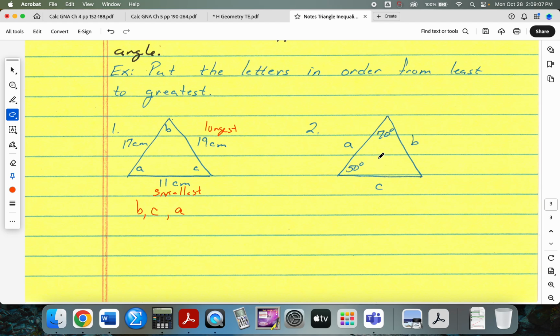For this problem, we don't know which angle is the biggest angle yet because we don't know how big this last angle is. But we can find it out. These two angles added together, 50 plus 70, is 120. Taken from 180 leaves that this angle is 60.